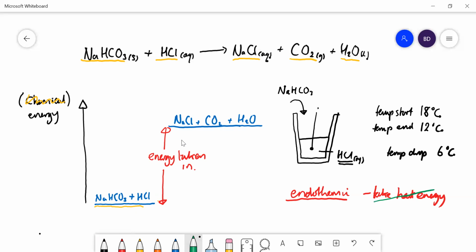The best thing to say is that heat energy is taken in and converted to chemical energy. So in summary, if you have an endothermic reaction, the temperature drops. With an exothermic reaction, the temperature will go up.